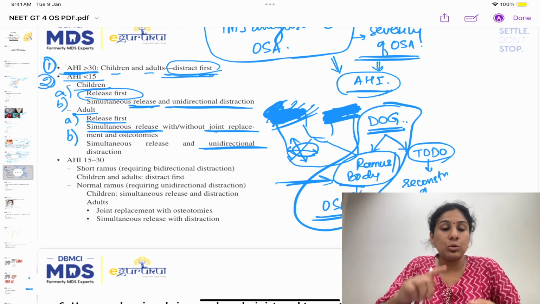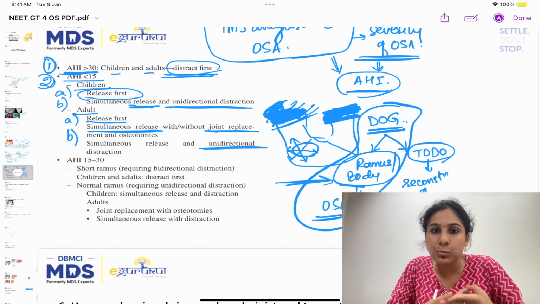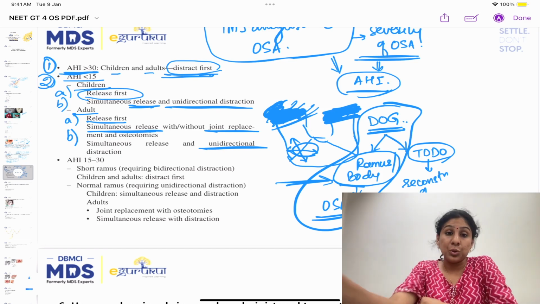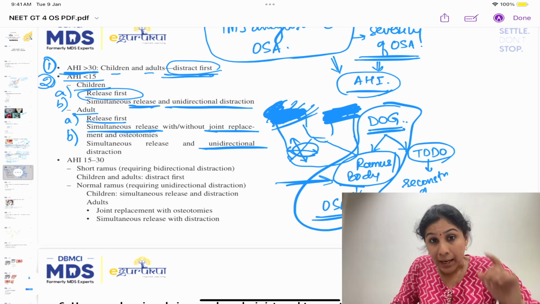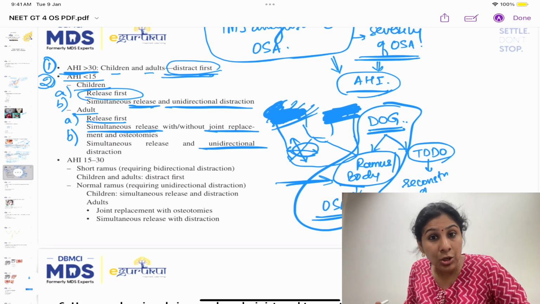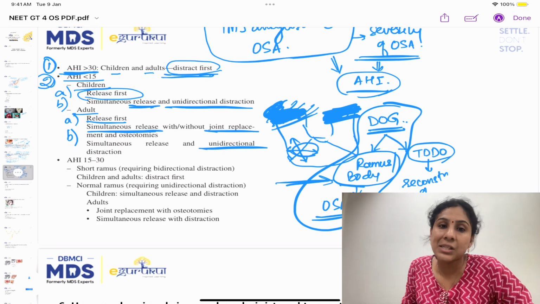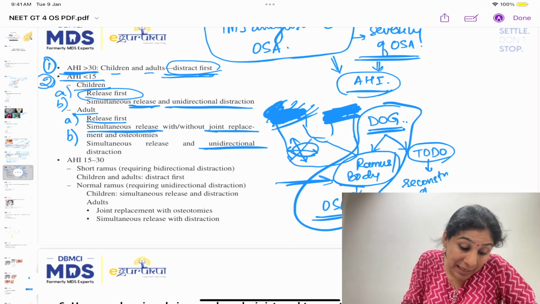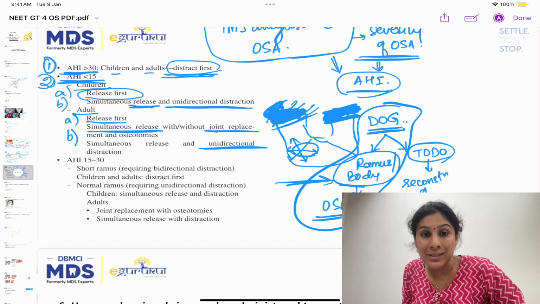In adults, you can do distraction, you can do joint replacement, you can do any other kinds of grafts. So it is up to you. You can do either release first and distraction later on, or you can do both simultaneously also. So that is the option you have when the AHI is less than 15. That means it is mild OSA.